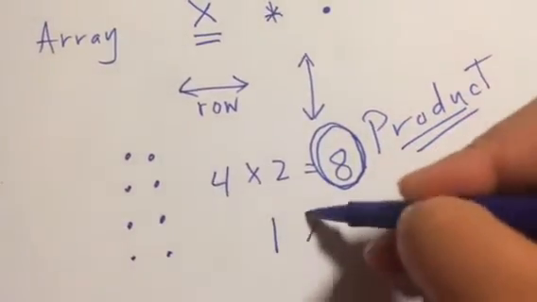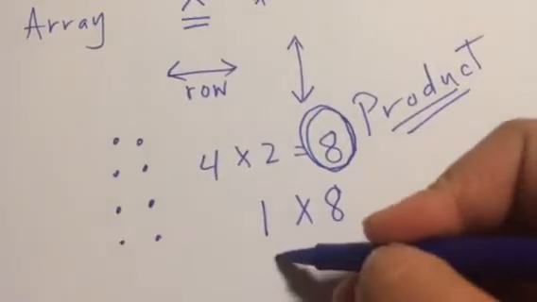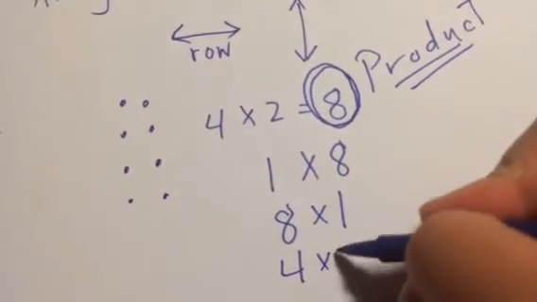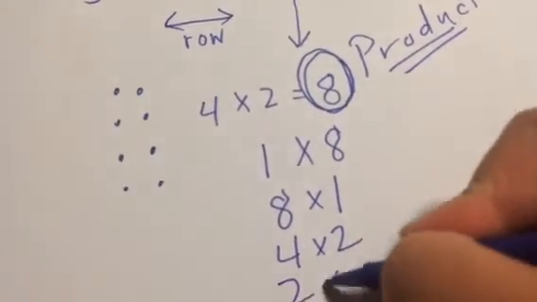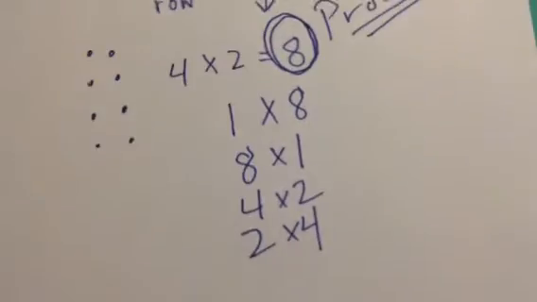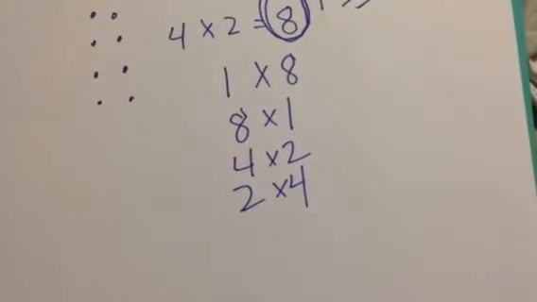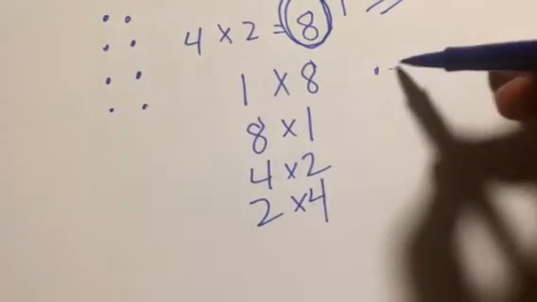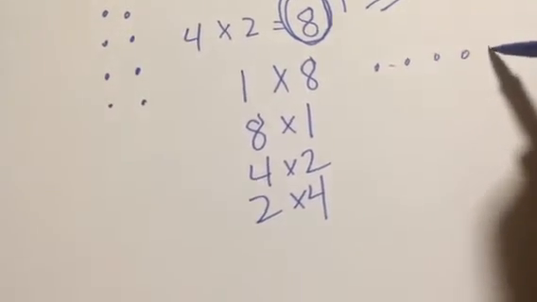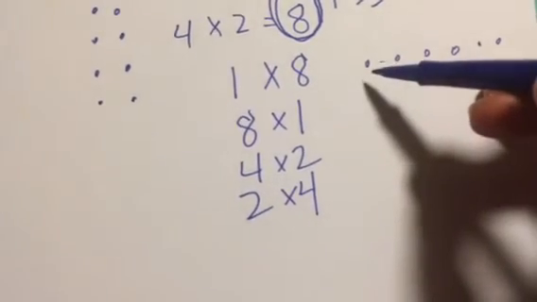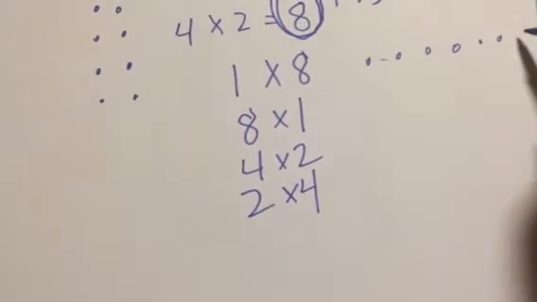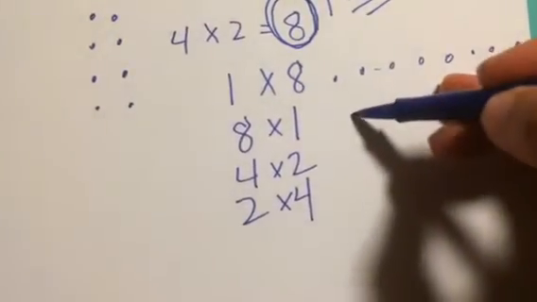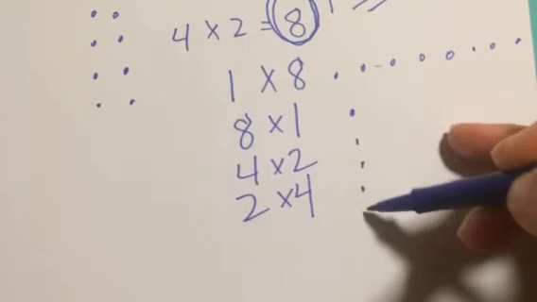To get 8 as a product, you can write it as 1 times 8, 8 times 1, 4 times 2, or 2 times 4. And all of those arrays would look a little bit different. Sometimes your array will look like this. I don't know if I can write it all the way without running out of paper. 1, 2, 3, 4, 5, 6, 7, 8. Sometimes you would have it looking like this.